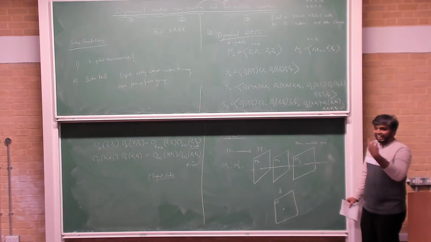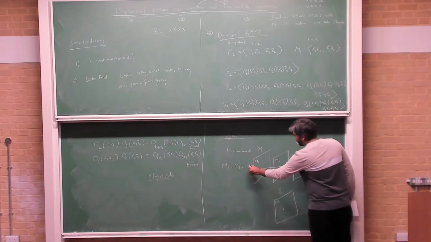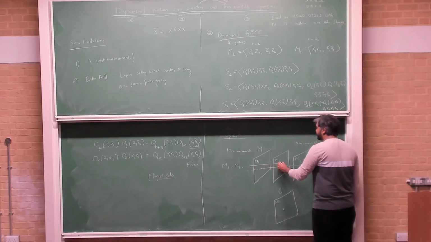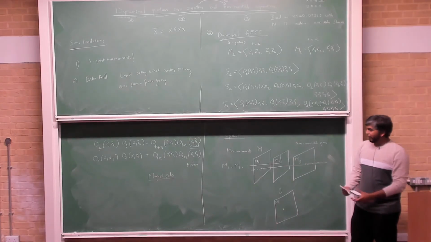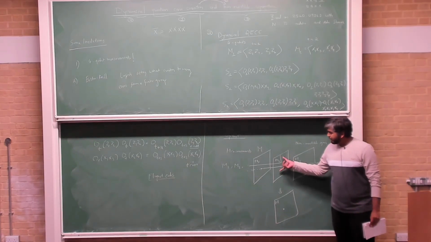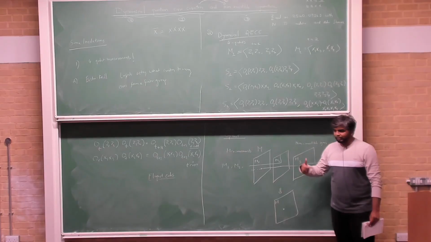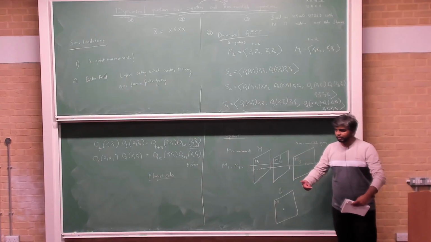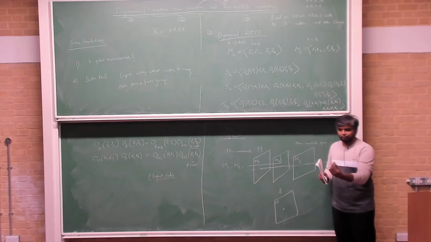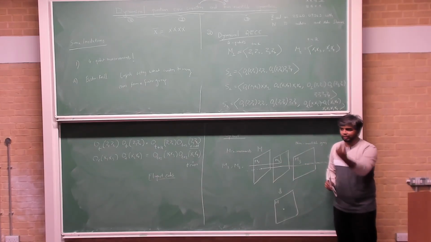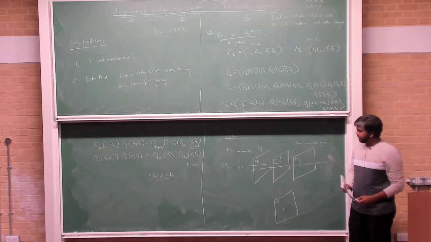What is an error? An error is a line that tries to pass through these defects but gets stuck in one of them. It cannot pass through, because these surface operators are non-invertible, so not every line can pass through. There are some lines which just get stuck on the surface operator.